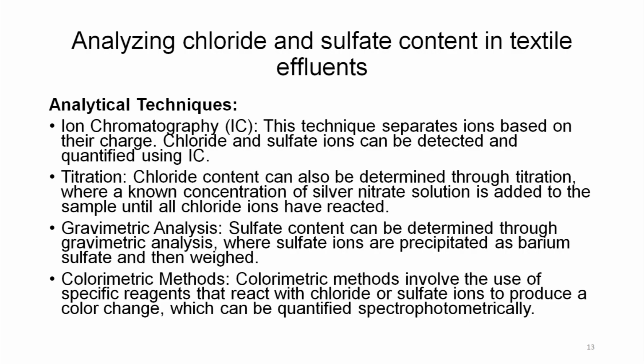Chloride content can also be determined through titration, where a known concentration of silver nitrate solution is added to the sample until all chloride ions have reacted, and this method we learnt about it a while ago. Gravimetric analysis. Sulphate content can be determined through gravimetric analysis, where sulphate ions are precipitated as barium sulphate and then weighed out.